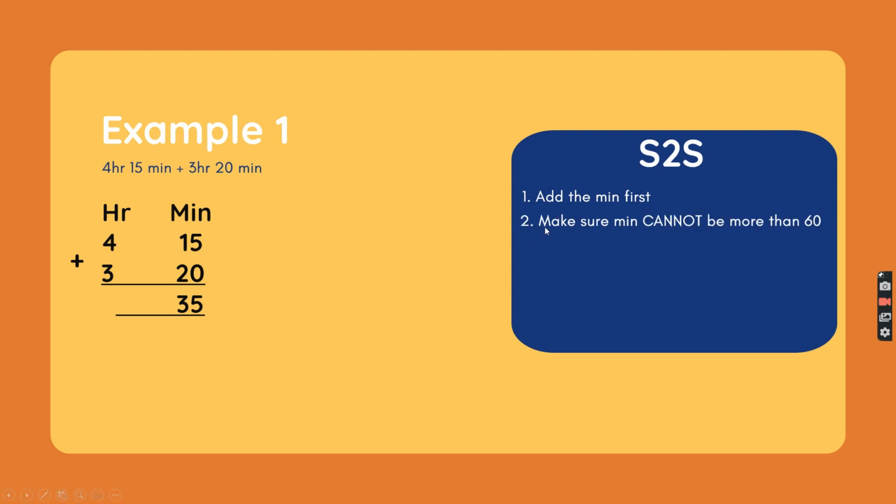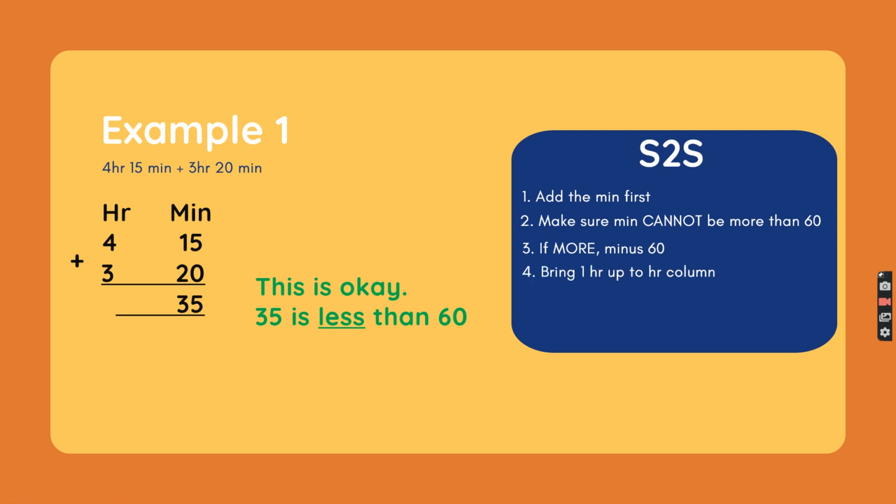So step 2 just now was we have to make sure that minute cannot be more than 60. So this is okay because 35 is less than 60. So for the third step, if more, minus 60, and then for the fourth step, bring 1 hour up to the column, we're just gonna scratch that off because 35 is less than 60.